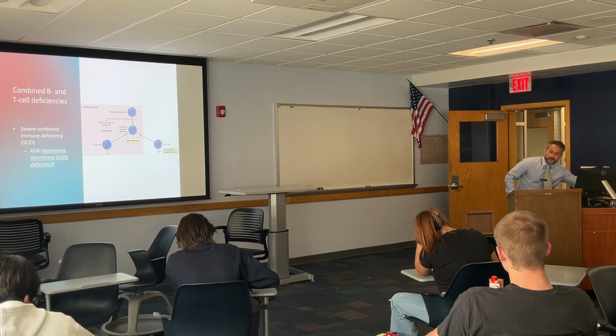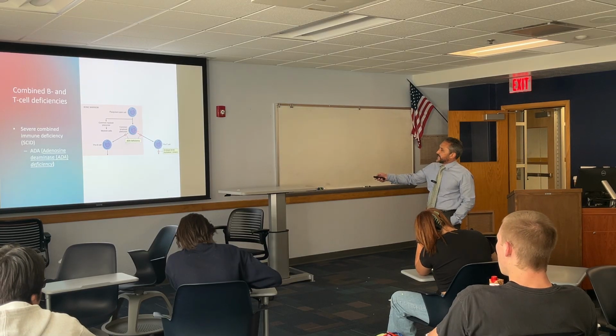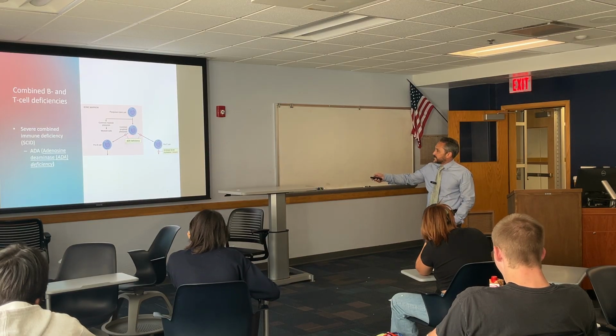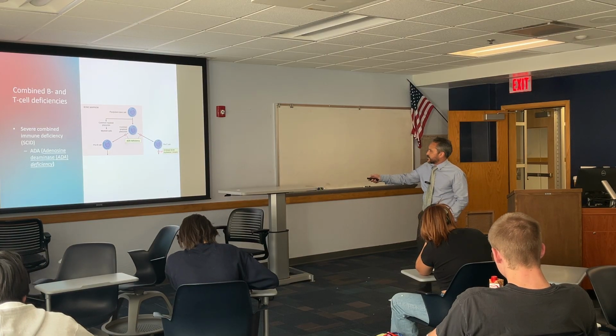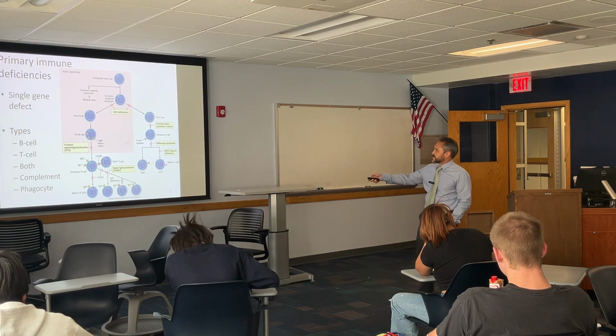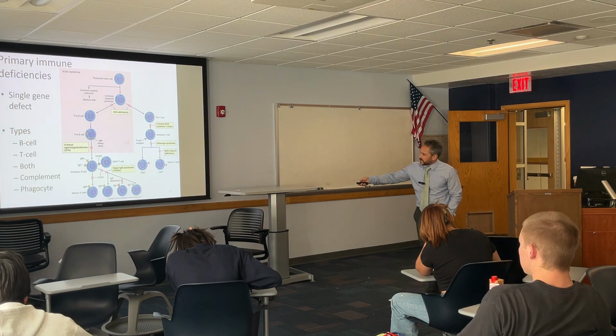So if you look at this chart, we're all the way up at the very beginning of the table. And if you have an ADA deficiency, you don't make pro B cells and you don't make pro T cells. So let me just back up for a second so you can see the whole graph. We're talking about way up here. We went down this pathway. We looked at Bruton's and then we looked at IgA.